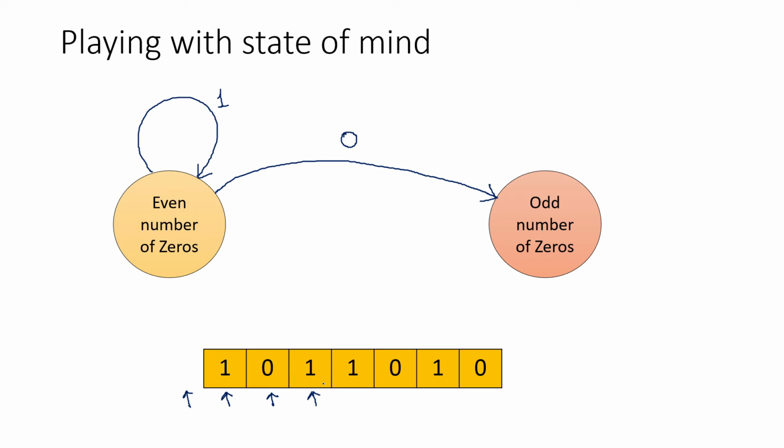What is your current state of mind? You have visited an odd number of zeros, because after reading this zero your state of mind changed. Reading a one doesn't change your mind. So if you are in this state and you see another one, you will remain in the same state.